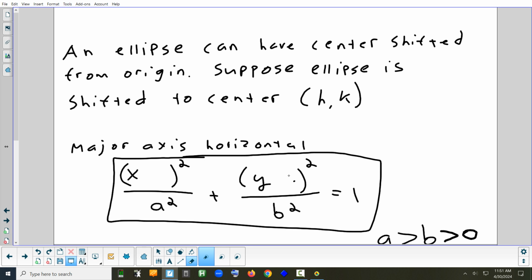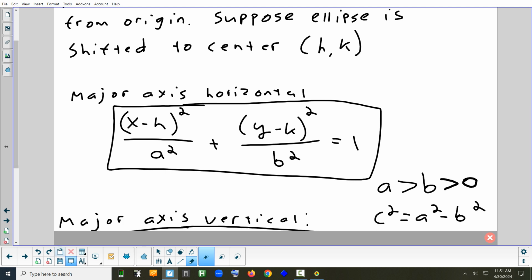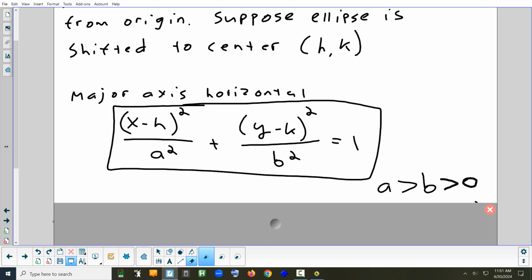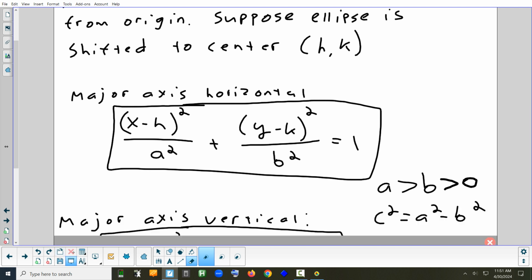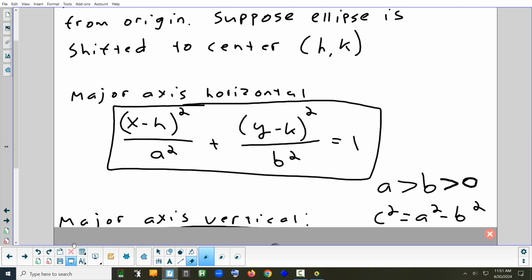Now, we're going to adjust for shifting left and right. Put a minus h with the x, put a minus k with the y. Everything else stays the same. A is bigger than b, b is bigger than 0. C squared still equals a squared minus b squared. And all the definitions of the letters are still the same. A is center to vertex, B is center to minor axis, C is center to focus.